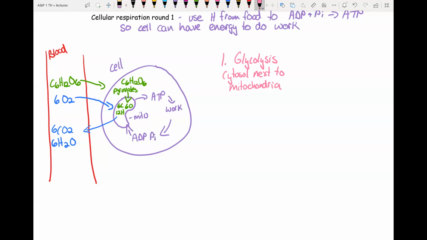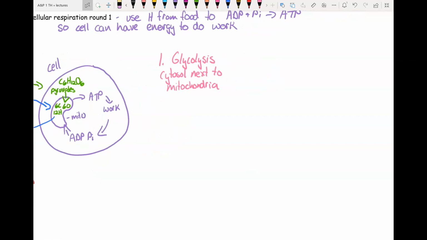And this is where you have your glucose. So we have the C6H12O6. And we're going to break it in half. When we break it in half, we pull 2 hydrogens out. So first we pull out 2 of those hydrogens.